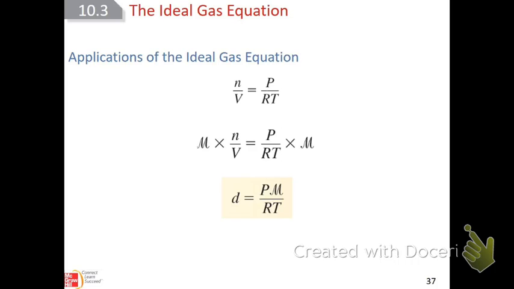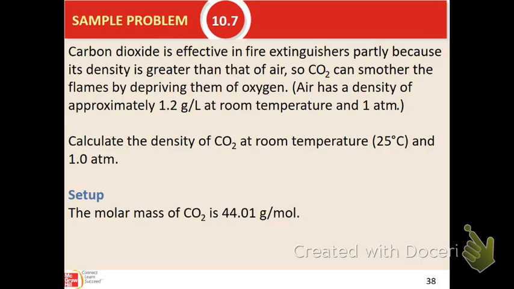Carbon dioxide is effective in fire extinguishers, partly because its density is greater than air, so it can take away their oxygen. Calculate the density of CO2 at room temperature, and it shows you exactly what to do. Its molar mass is 44.01, okay, and it shows you the density of air at room temperature.